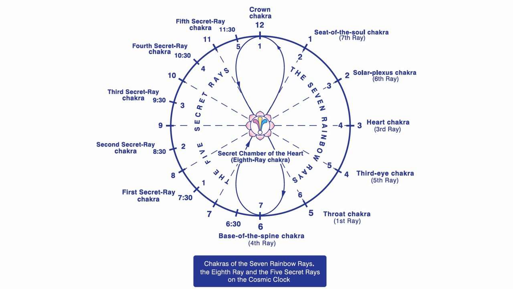So if you visualize the cosmic clock as having the horizontal plane being at the solar plexus, at the top of that electronic belt, you can see everything below the 3-9 axis would be in the subconscious in the electronic belt, and that which is above is the open space of the upper chakras, the heart chakra being positioned on the 3 o'clock line. And as you now discover, you see the threefold flame inside of the 8th ray chakra, the secret chamber of the heart in the center.